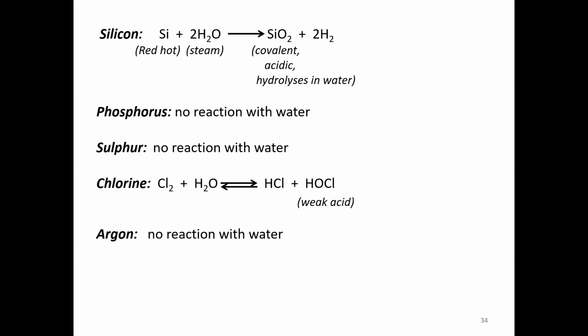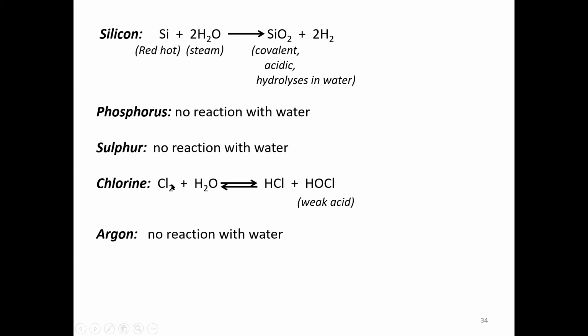That is why they are soluble in water. For the alkali and alkaline earth metals, they are easily ionized in water. But phosphorus and sulfur don't possess these characteristics. So phosphorus and sulfur do not react with water.